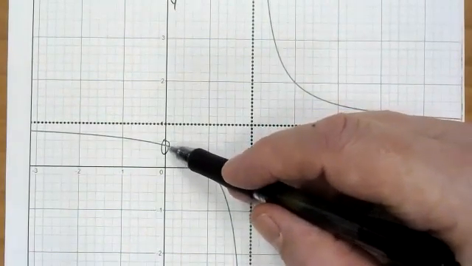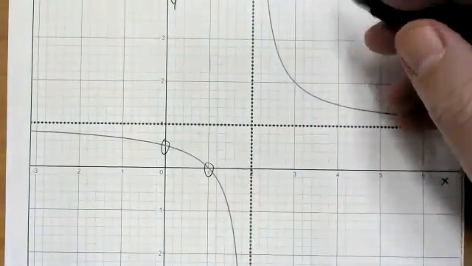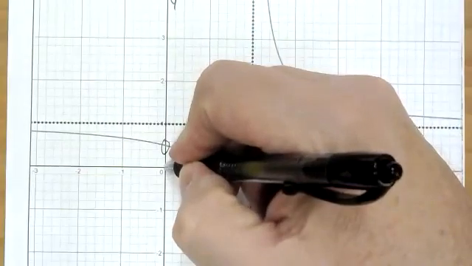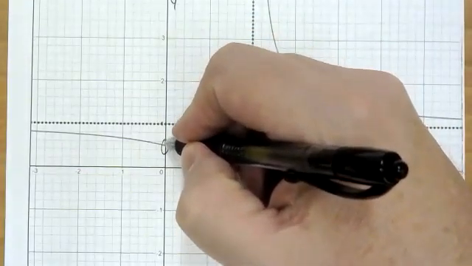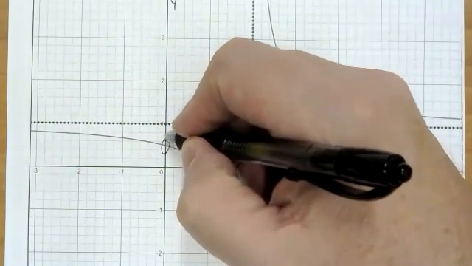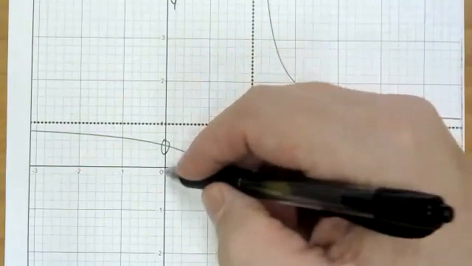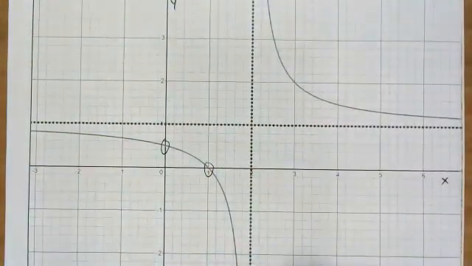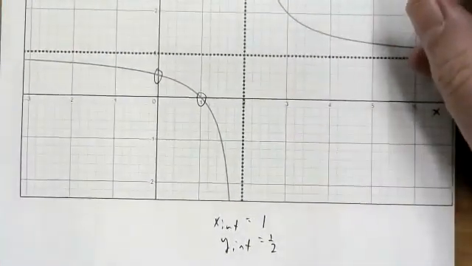Sometimes, I mean, this looks like, man, it's right in the middle of these. So if this is 0 here and this is 1, 1, 2, 1, 2, 3, 4. This is exactly halfway in the middle. I would have a pretty good guess of saying the y-intercept is probably 1/2.